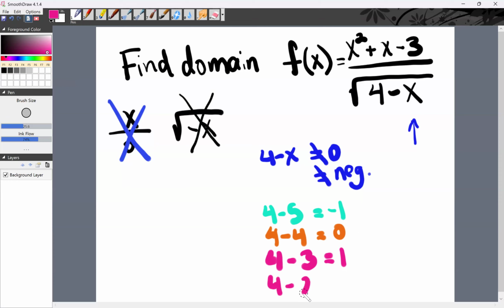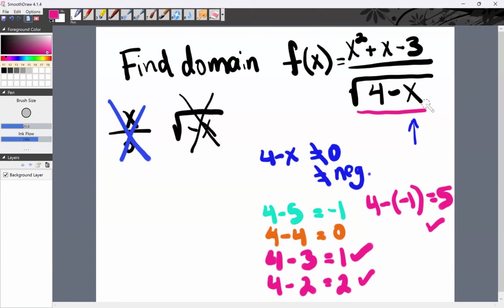4 minus 2 is 2. That works. Let's put in -1. 4 minus -1 is the same thing as 4 plus 1, which is 5. And again, we are on the right track. We are getting positive numbers for this denominator.